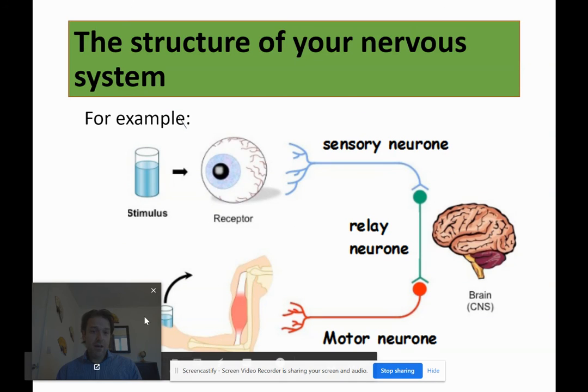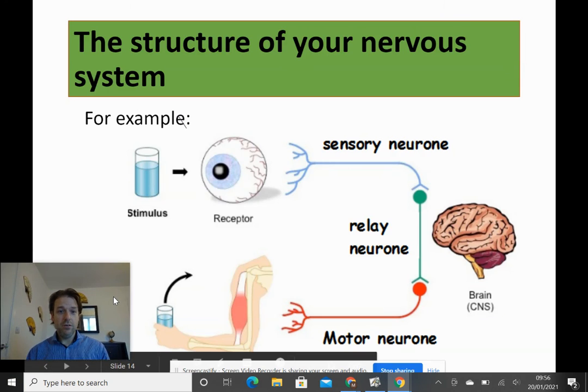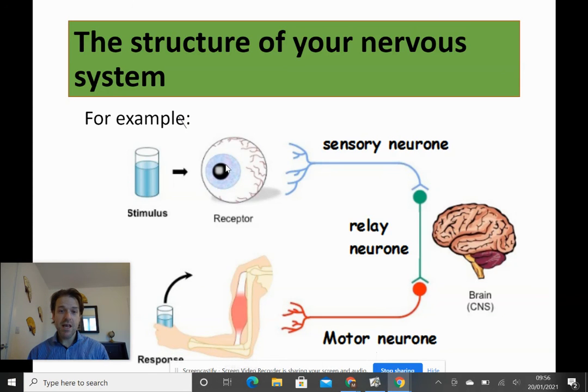So here's another example. We've got our light receptors here, detecting our stimulus, detecting a glass of water, feeding into our brain via our sensory neuron, our relay neurons in our brain, carrying the message, changing it, making it into a response.